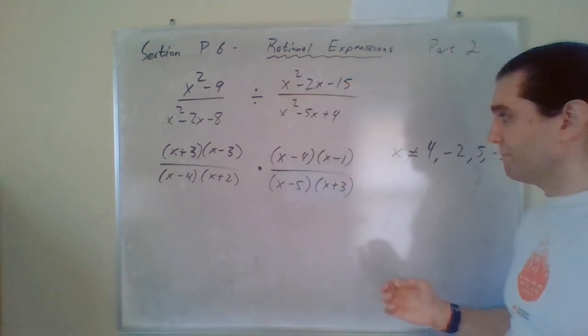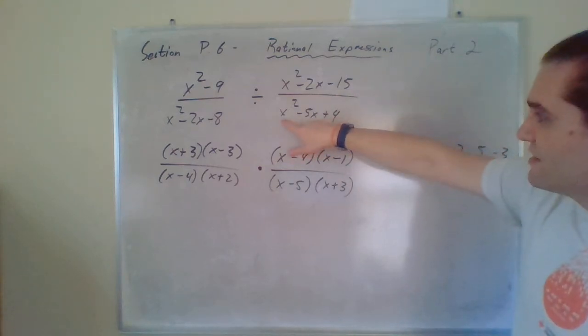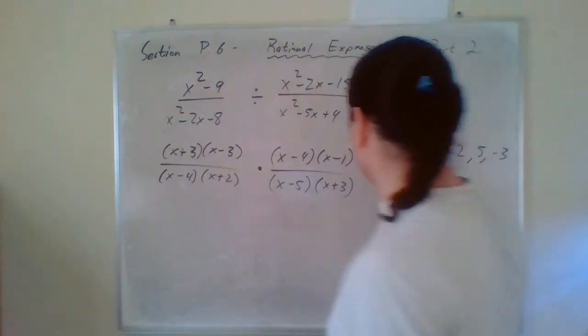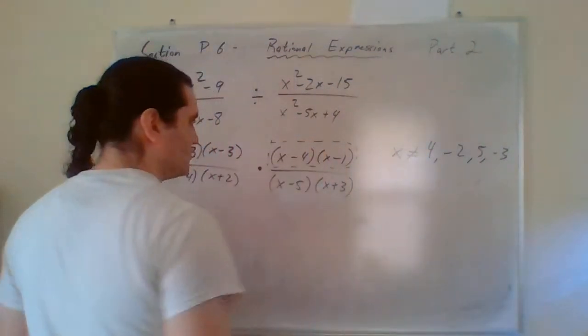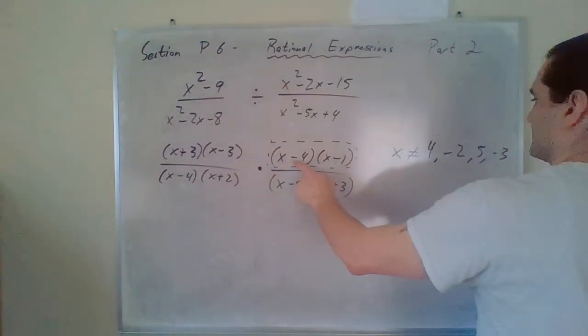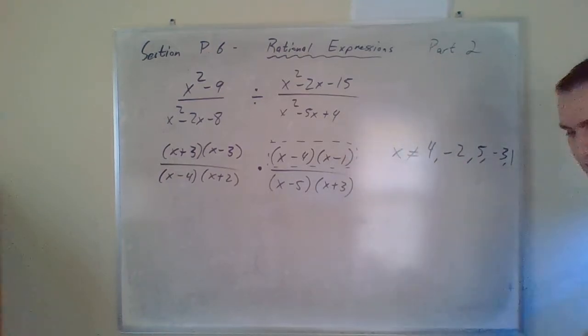Here's the weird bit. Before we flipped this, this was on the bottom. So this piece right here also gives us domain restrictions. So x still, 4 we've already got, but 1. You should add 1 to this list.